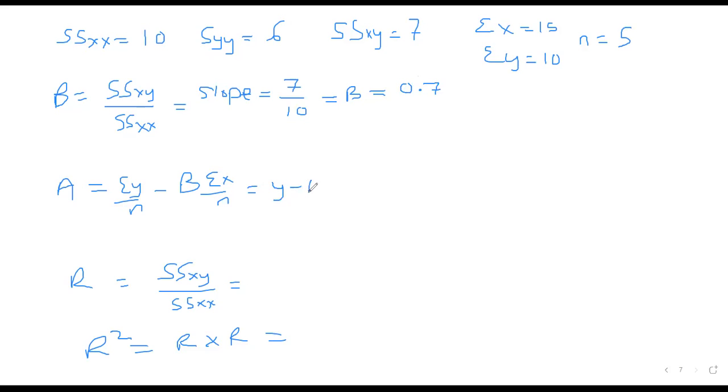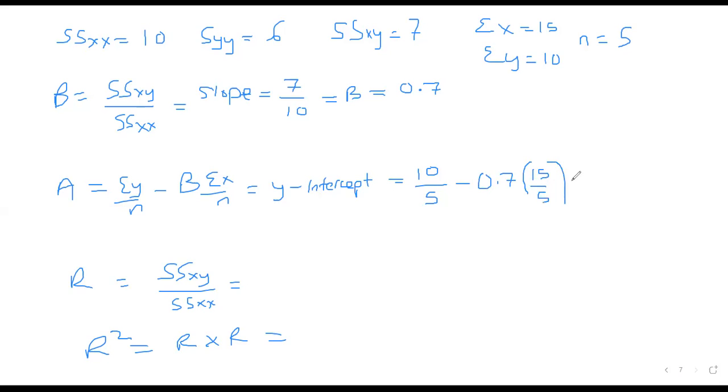A is called what? Y-intercept. So how do we find it? What are the figures we have? 10 over 5 minus 0.7, the slope we found, then summation of X, 15 over what?